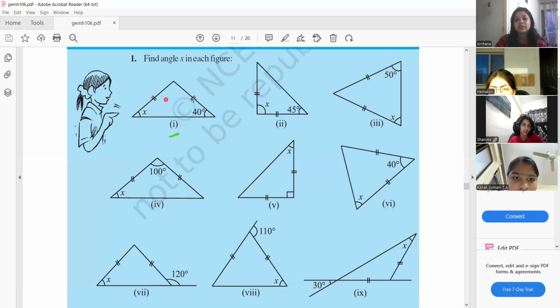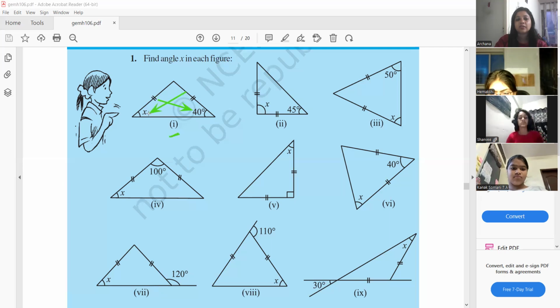Can you see the screen, Kanak? If these two sides are equal, which is the angle opposite to this side? This one. And which is the angle opposite to this side? This one. So according to this property, are these two angles equal in measure? Yes, ma'am.